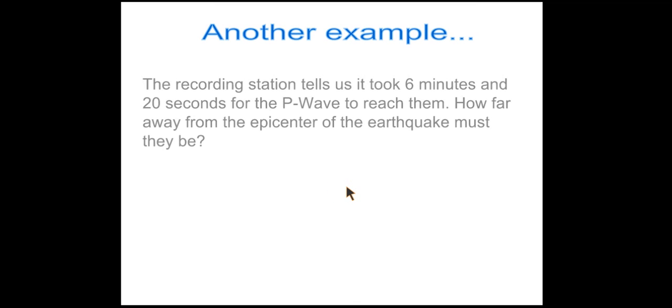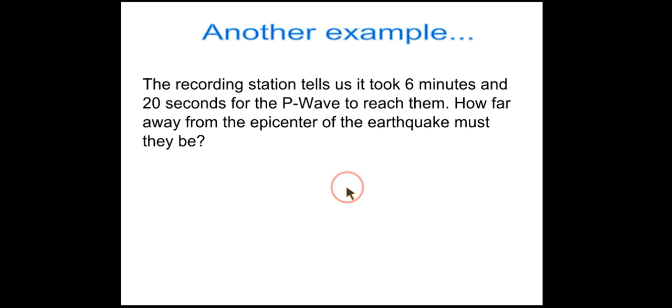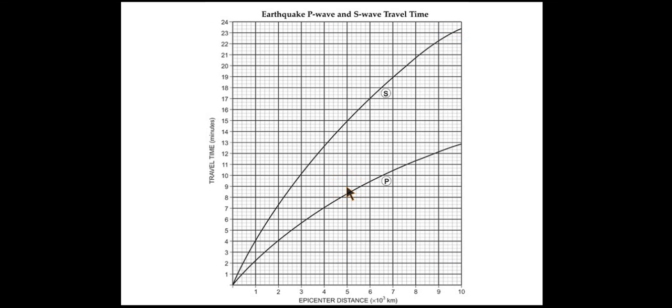Let's try another one. The recording station tells us it took 6 minutes and 20 seconds for a P wave to reach them. How far away from the epicenter of the earthquake must they be? So back to the chart we go. Now this time it's given us a time. So we want to start at the time side, and it's asking us about a P wave.